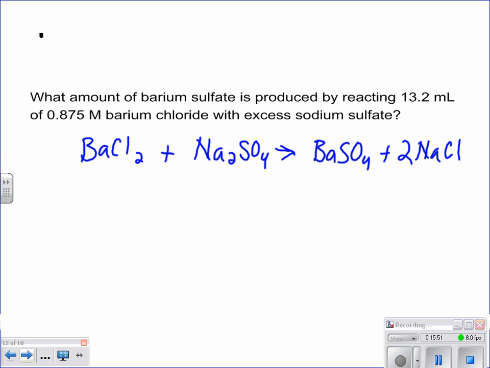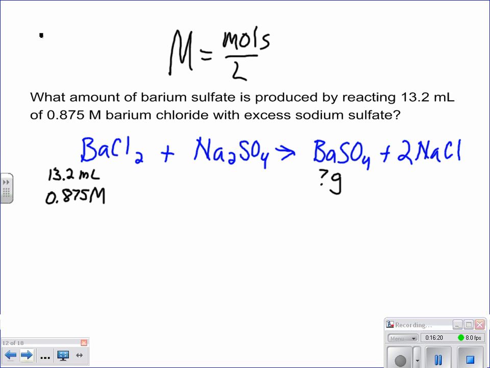So in this example now, we're still looking for the amount of barium sulfate, but we're starting with 13.2 milliliters of barium chloride, and that barium chloride is 0.875 molar. Remember, we just said molarity equals moles per liter.